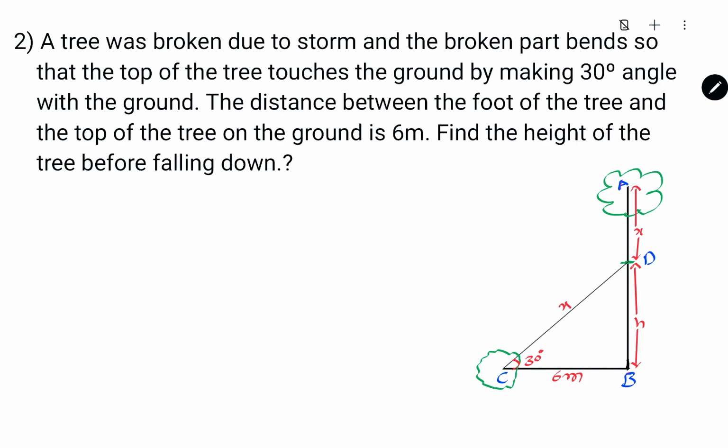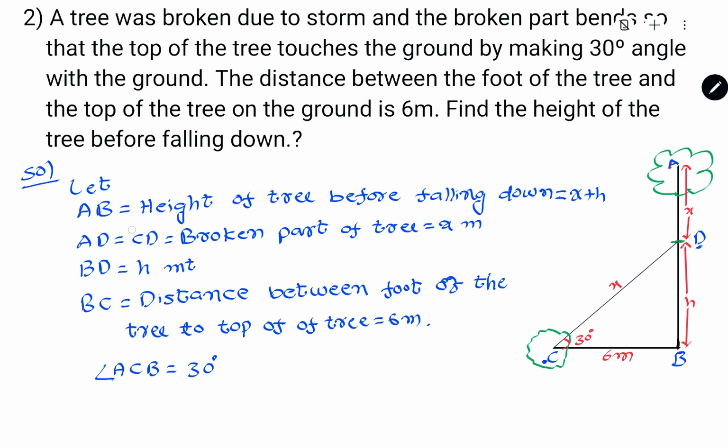Height of the tree before falling down is AD. Here AD is the broken part and BD is the remaining part of the tree. Here AD is equal to CD. Now write the given data. Let AB, the height of the tree before falling down, be x plus h.